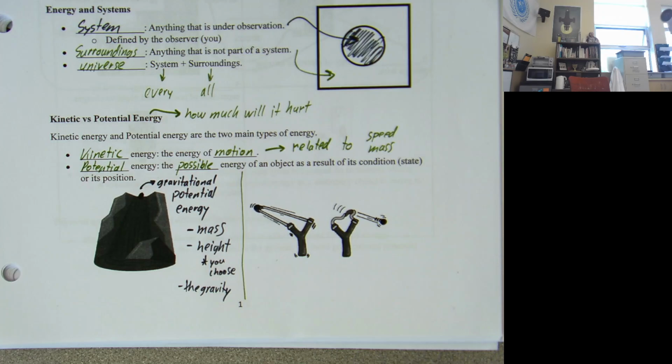Let's forget the rubber band for a second. This is a spring. This is the spring at its rest. And I'm going to pull this spring just as much as I pulled the rubber band.